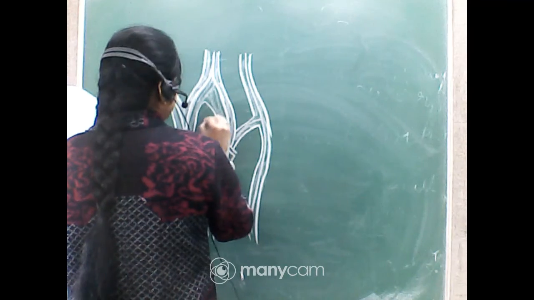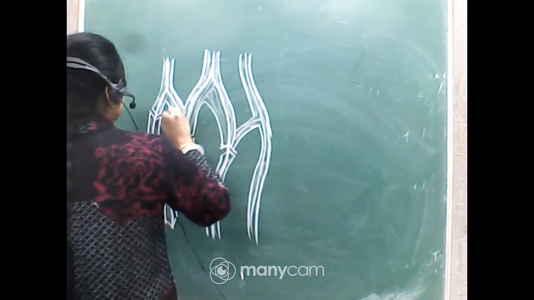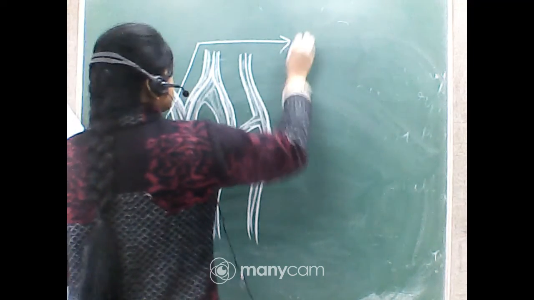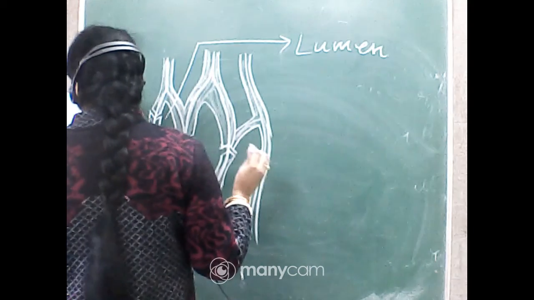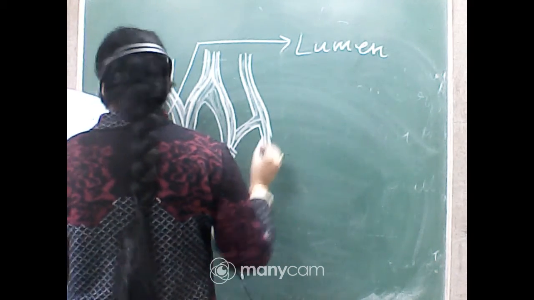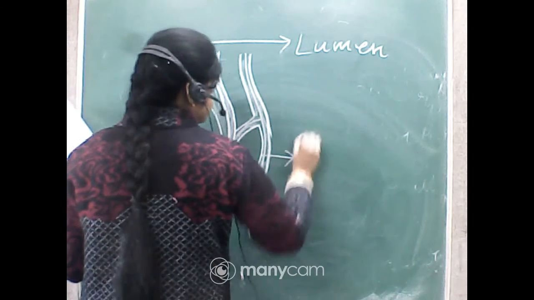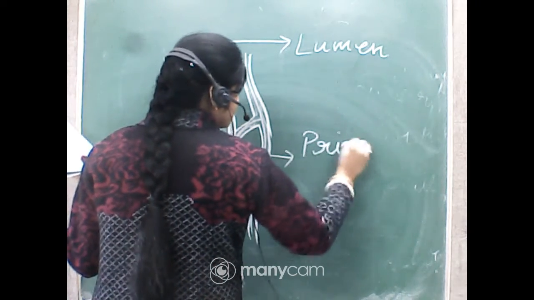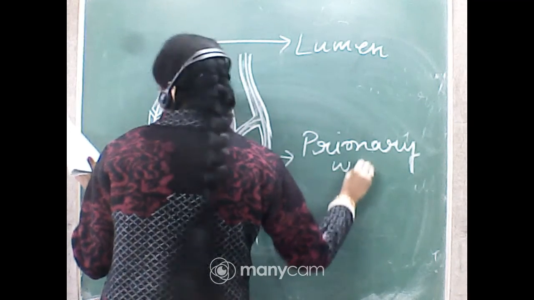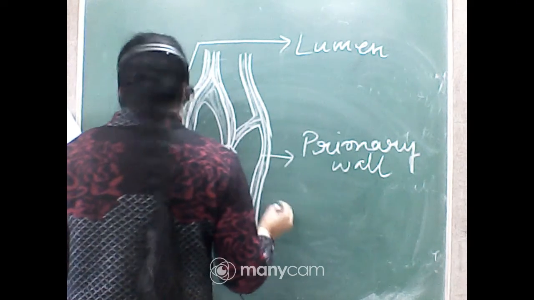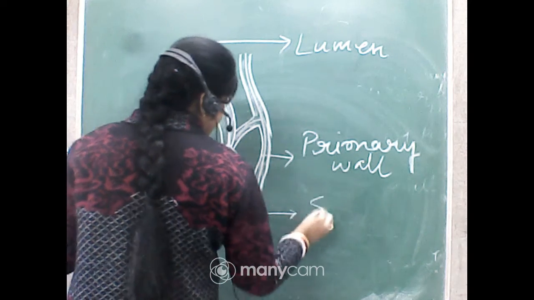This gap region is known as lumen. Next, primary wall. Next, outer side secondary wall.